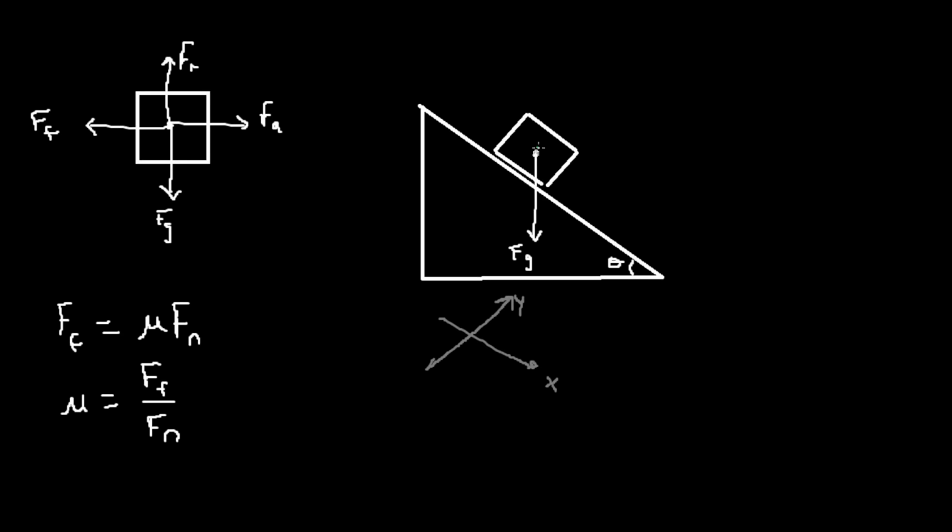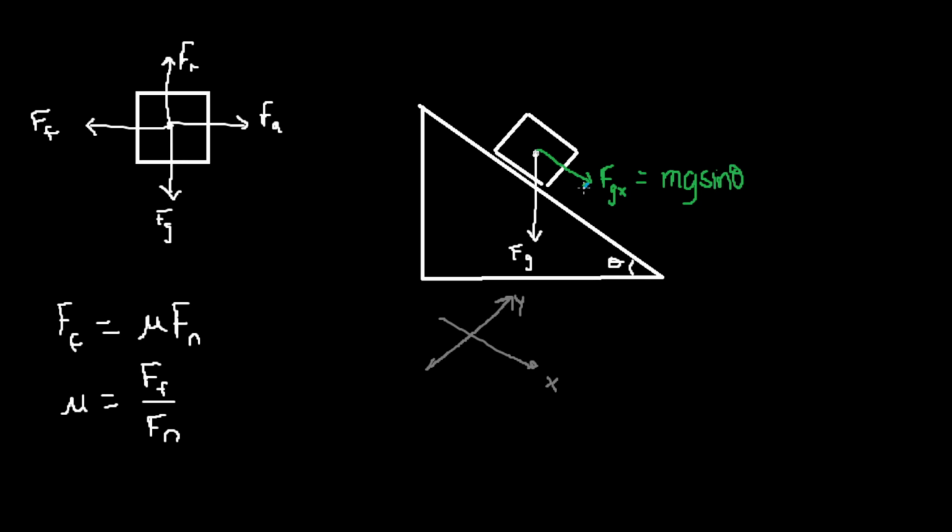So it's a little bit different from our traditional xy plane. We have our x component, F_gx, which is defined as mg times sine of theta. And I'll show you the trig for that in a second.